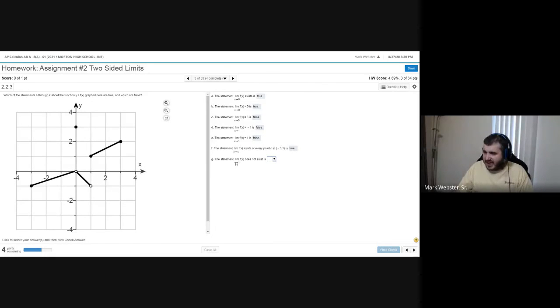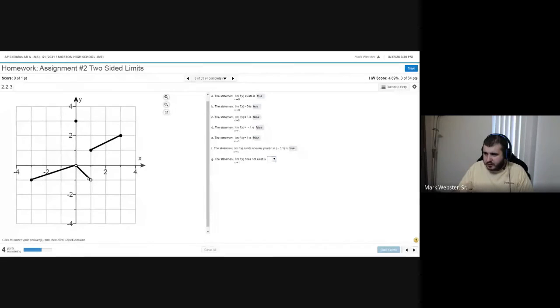The statement, the limit of f of x as x goes to 1, so we're looking at 1, does not exist. So either they meet or they don't meet. If they do meet, then the answer is true, then the answer is yes, there is a limit. If they don't meet, then the answer is the limit does not exist.